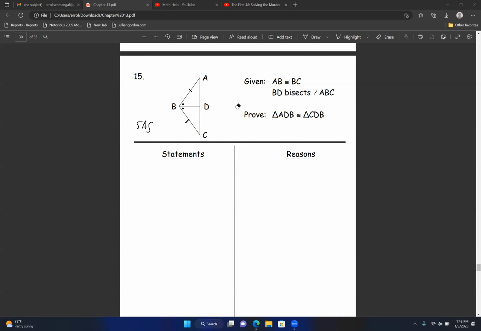Okay, what's number two? What's the angle? Angle ABD equals what?